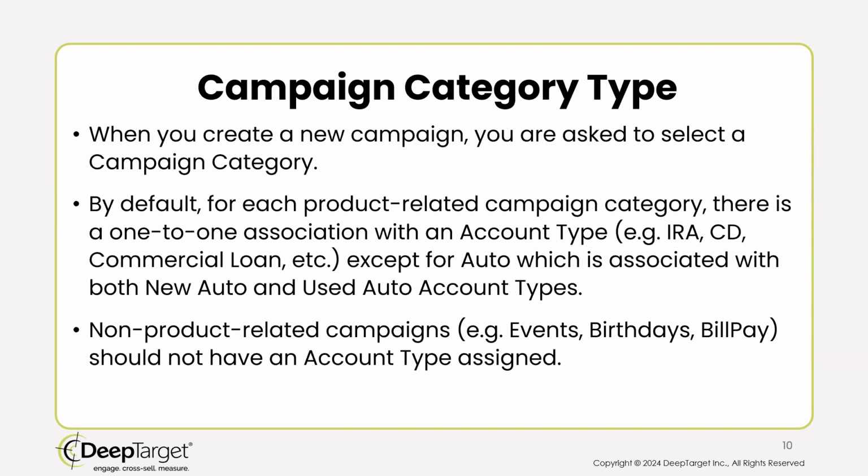So if you create an IRA campaign category, it will automatically pre-select the IRA account type. The only difference there is for auto, which selects both new and used. But for non-product related campaigns like events and birthday, you should not have any account type assigned. So when you go to that product assignments tab, you want to make sure nothing is selected there.